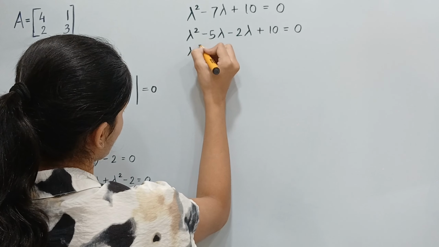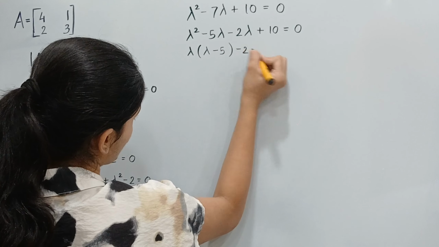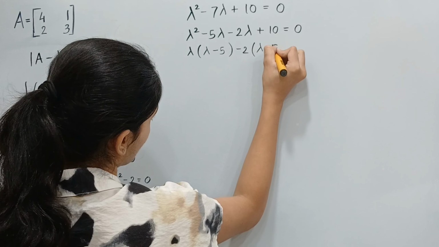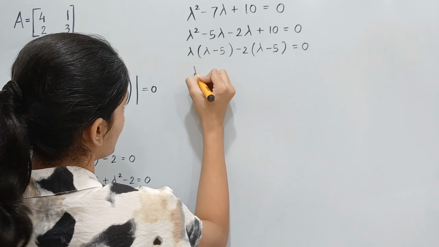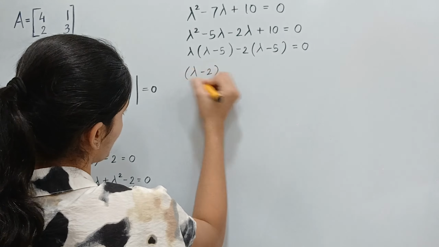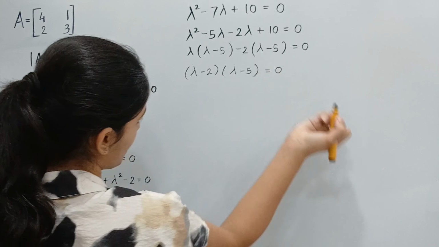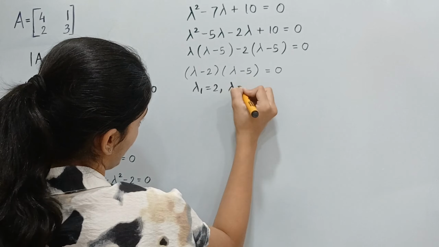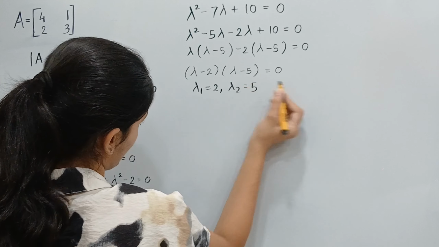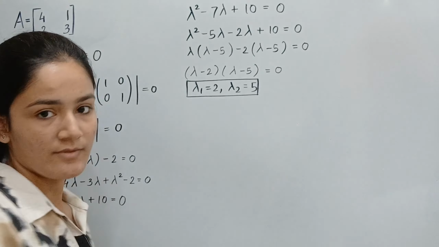We will take out common, lambda minus 5 into lambda minus 2 equal to 0. So lambda minus 2 into lambda minus 5 equal to 0. So lambda 1 equal to 2 and lambda 2 equal to 5. So these are our eigenvalues.